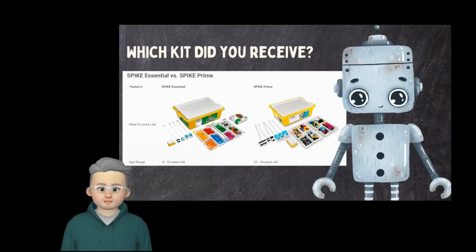Most of the work I'm going to be talking about today is through the Prime kit, but I will veer off a little bit and show a couple of steps just to get into the Essential kit. But pretty much the activities run exactly the same. So even though I'm showing the Spike Prime, the process for creating and coding is almost identical.